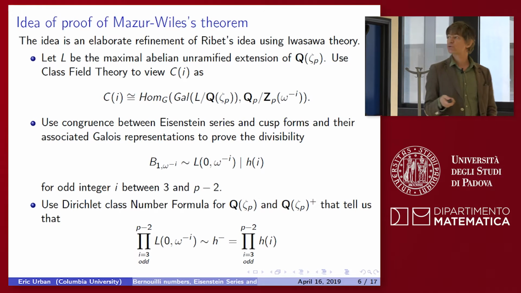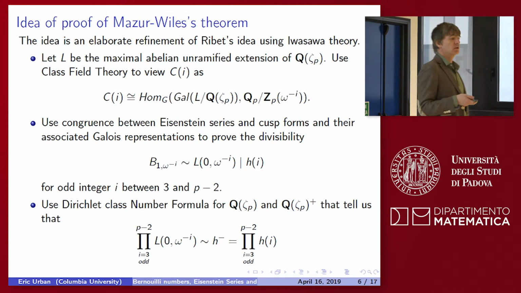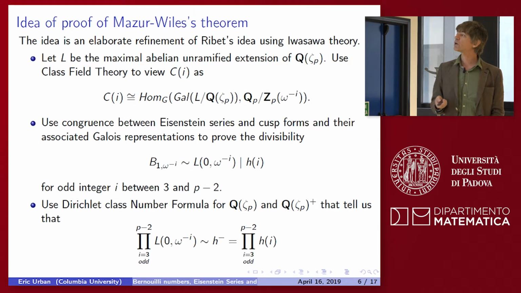So here is the idea of the proof of the Mazur-Wiles theorem. This idea is based on Ribet's idea, but it uses Iwasawa theory and a finer study of some congruence conditions.